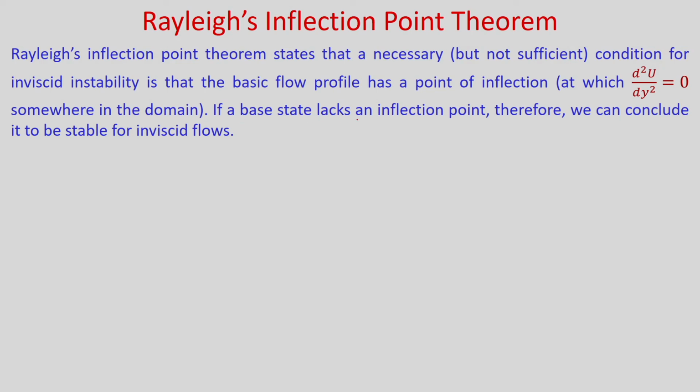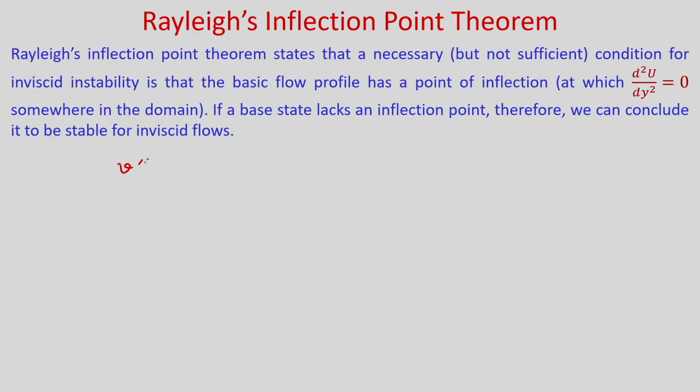If a base state lacks an inflection point, we can conclude it to be stable for inviscid flows. From Rayleigh's equation we will show that to have instability in the domain, there must be d2u by dy square equal to 0 somewhere in the domain.